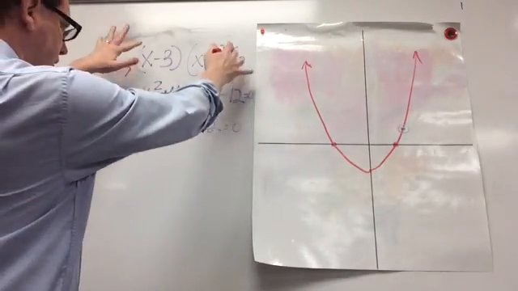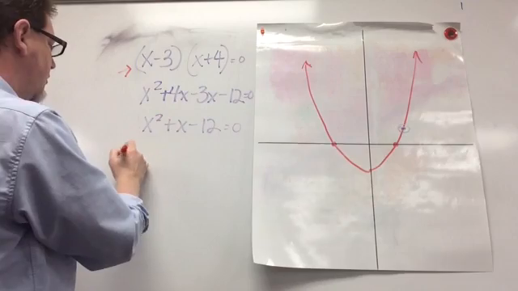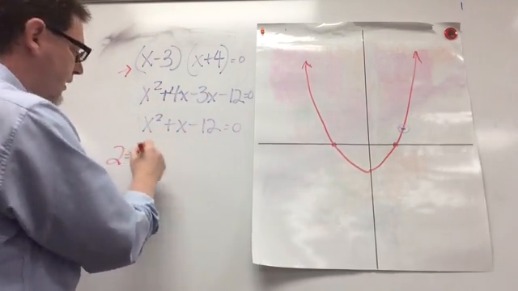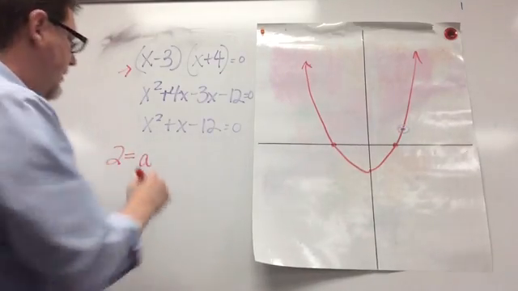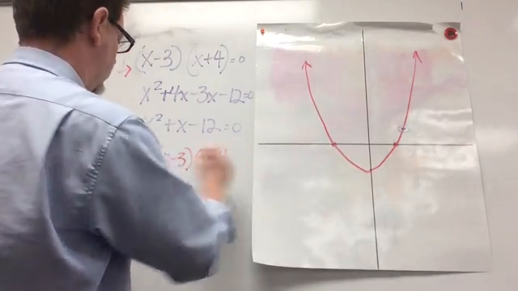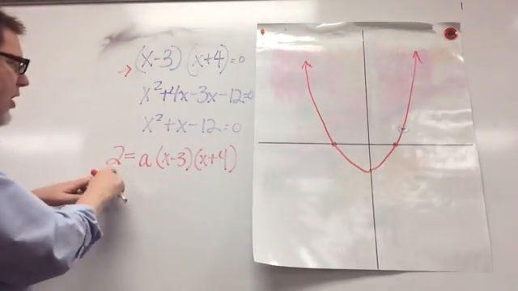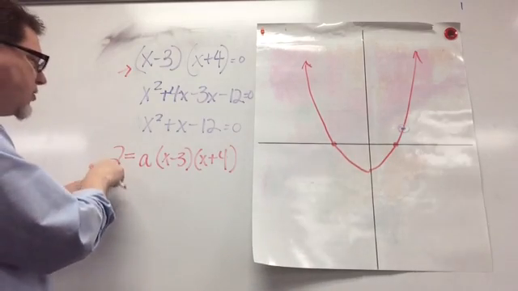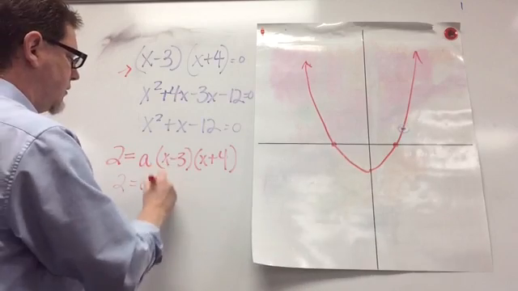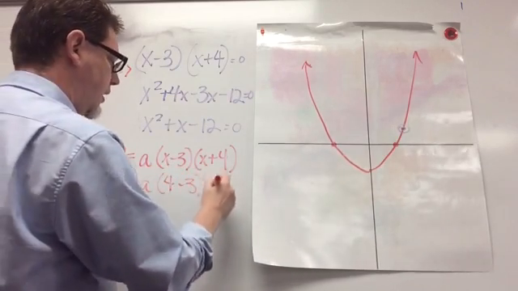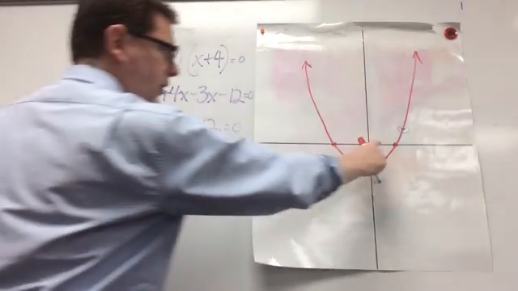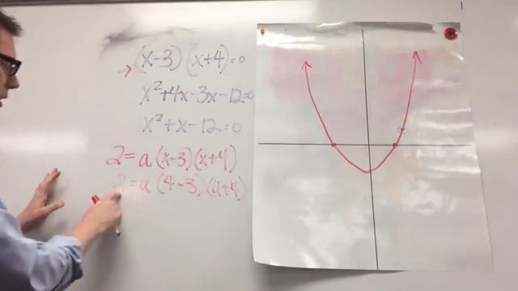So I'm going to write this equation a little bit differently so that I know that 2 is the y value. So 2 is going to equal a, and a is whatever that first term is, times the quantity of x minus 3 times the quantity of x plus 4. I'm going to plug in the 4 for the x because the point is (4, 2).